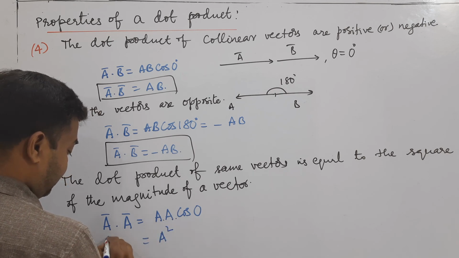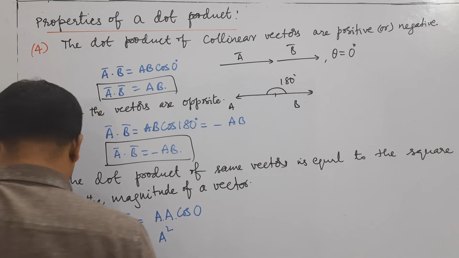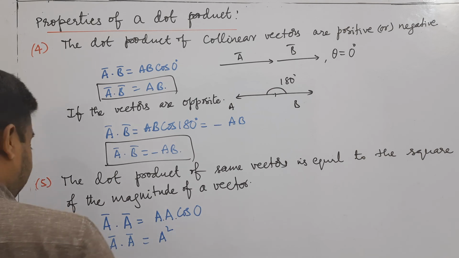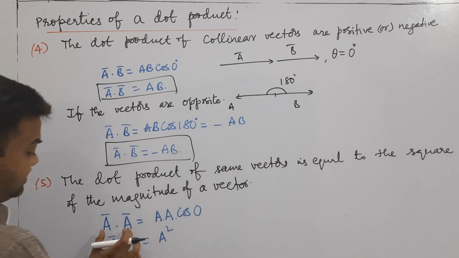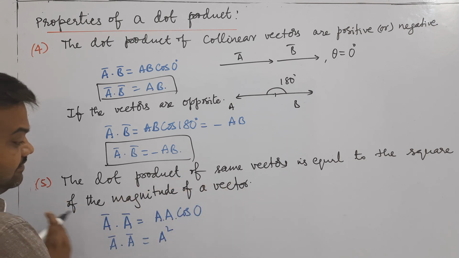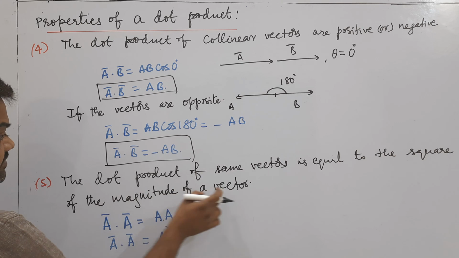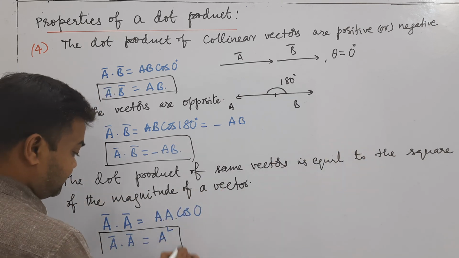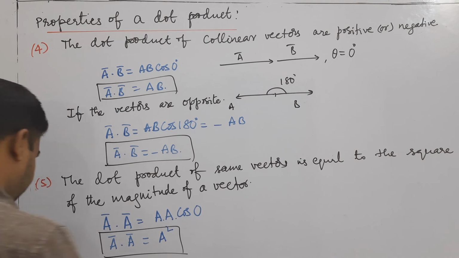A bar dot A bar is equal to how much? A squared. That's why here we can write two same vectors. These two are the same vectors, means they are lying in the same line. Then what should be the dot product? It is equal to the square of the magnitude. That we can also have.